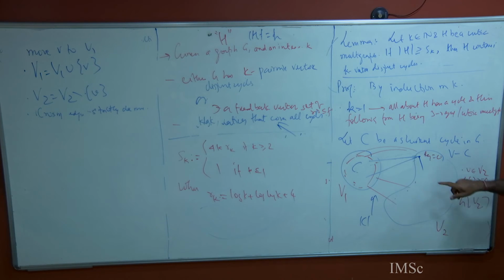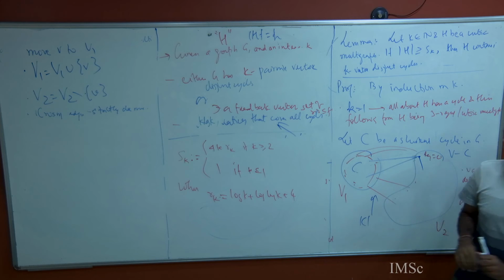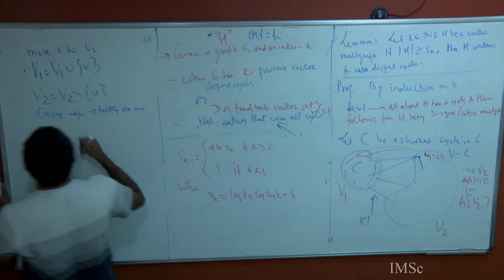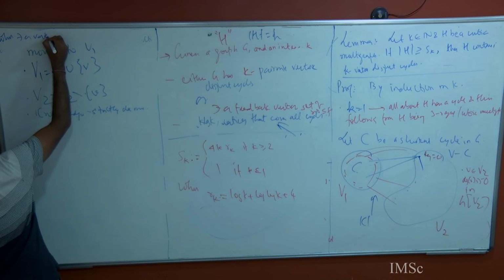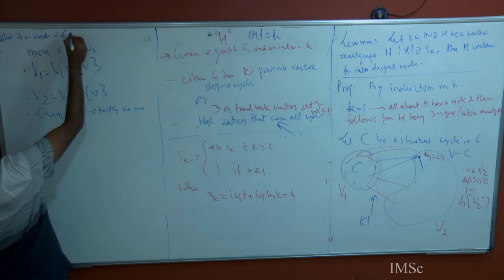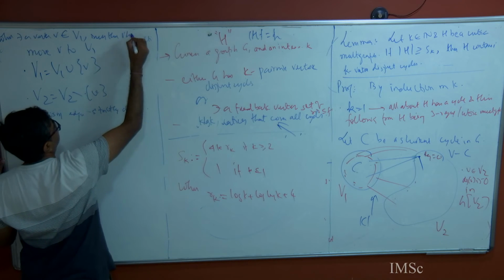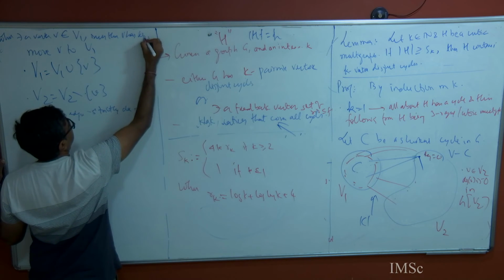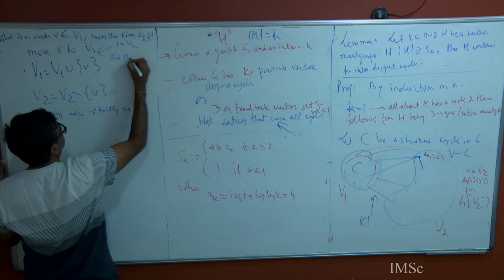So as long as a vertex has degree at most 1 here, this operation can be applied. So we say: while there exists a vertex V in V1 such that V has degree at most 1 in V2, do this operation.